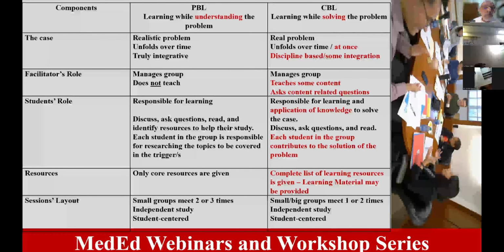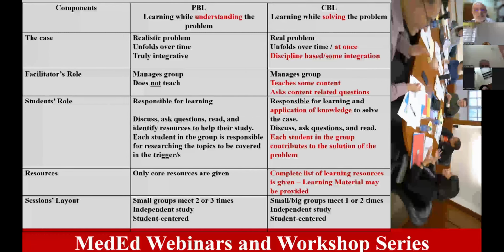And here is the comparison. On the first column, we have the case, the facilitator's role, the student's role, the resources, and the sessions layout. And then we compare problem-based learning with case-based learning. Problem-based learning is learning while understanding the problem.